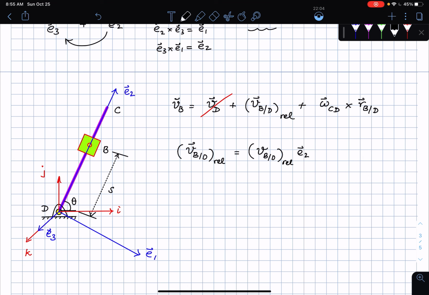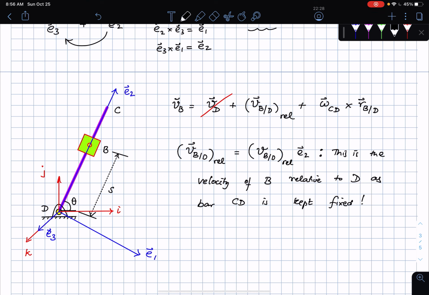Why is that the case? This is the velocity of B relative to D as the bar CD is kept fixed, which means that this is going to be along the direction of the line CD, so that unit vector is E2 in that direction.